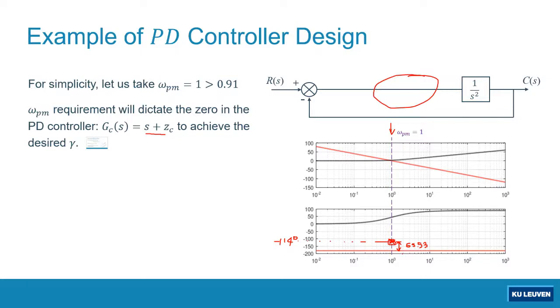So in order to bend the original phase plot to cross this point by introducing a PD controller, this means this height of the phase plot of my PD controller should be equal to 65.53 degrees, correct?